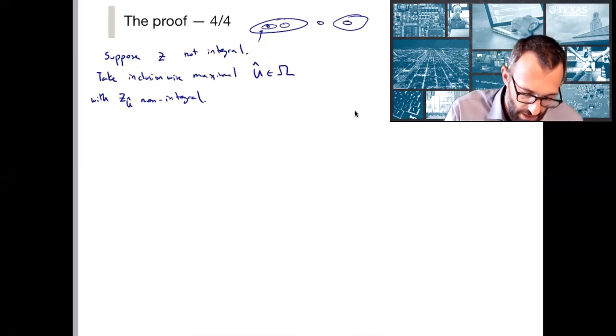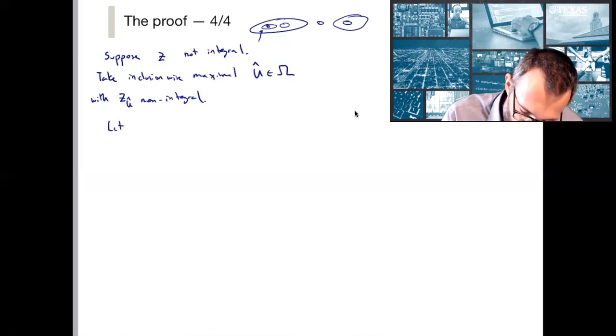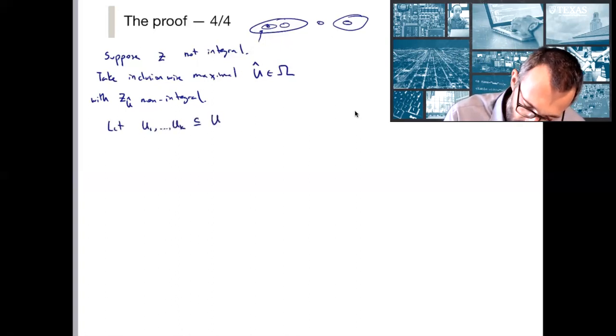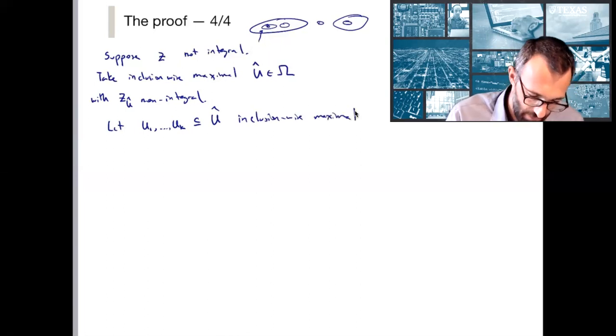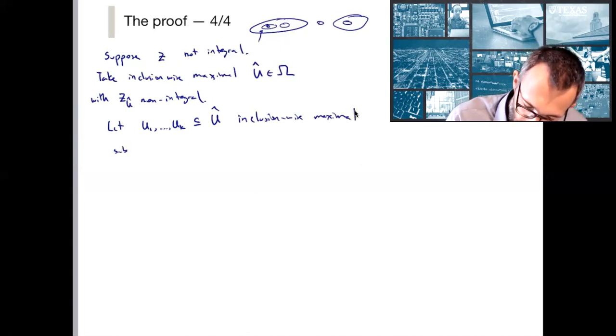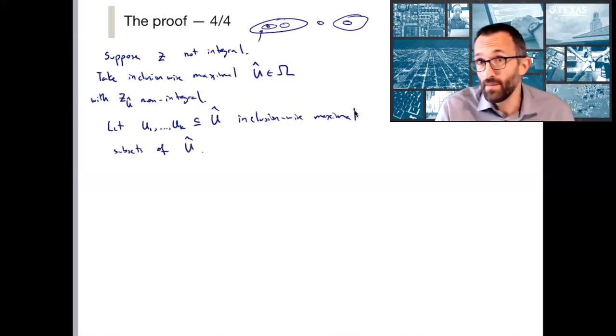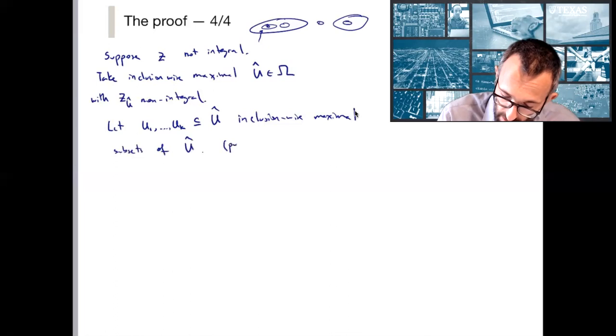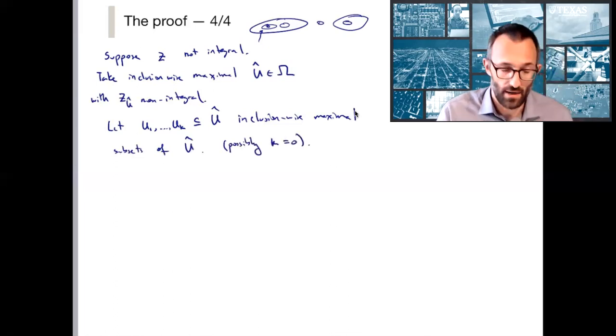So in any case, let u1 to uk be the inclusion-wise maximal subsets of u hat. Note, there may be none. So possibly k is equal to 0, and we'll see that that's fine.